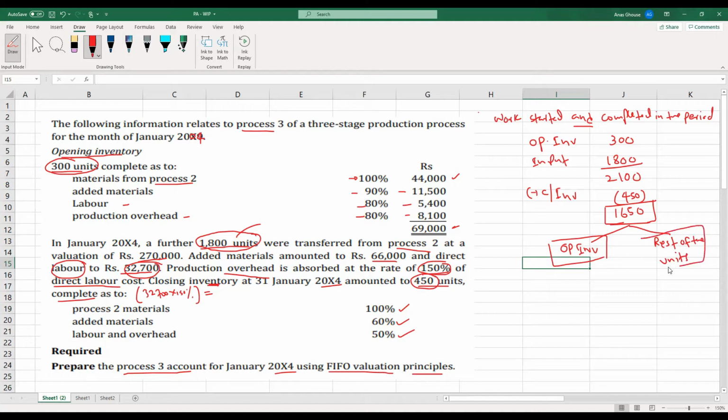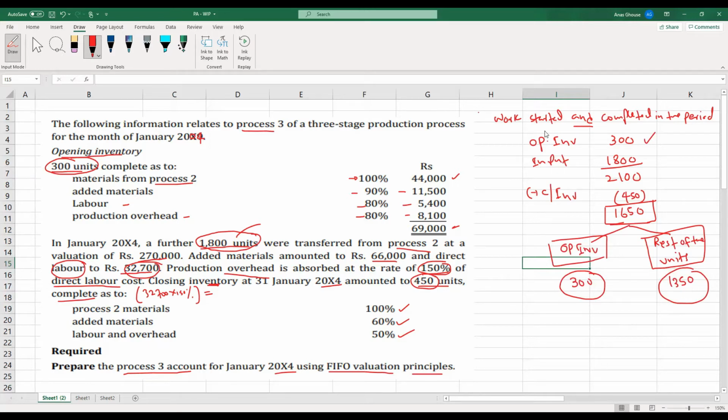So opening inventory we know, that is 300. Then what should be the rest of the units completed in the period? 1,650 minus 300, so that will be 1,350.